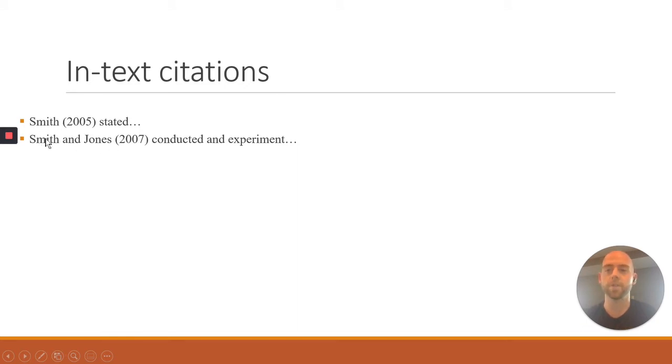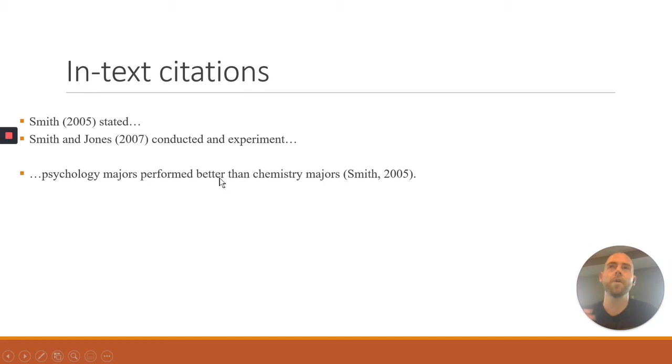If it somehow is awkward to include the names of the authors in your sentence, you can use what's called a parenthetical citation. So you could say, psychology majors perform better than chemistry majors, and then in parentheses cite Smith, 2005. Or it might be Smith ampersand Jones, 2007, to cite this way.